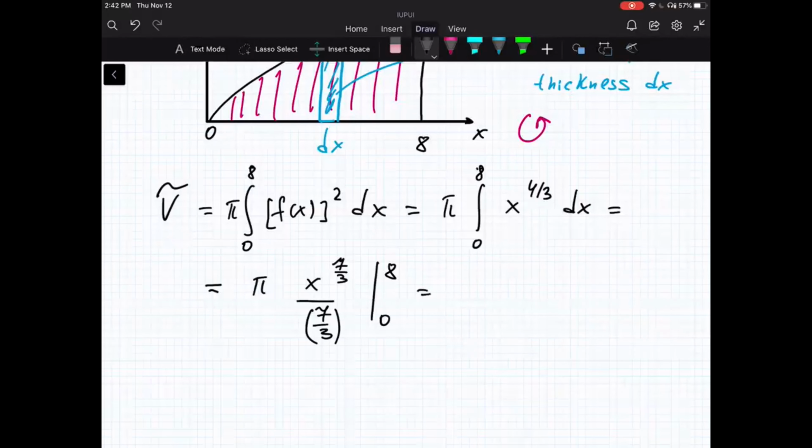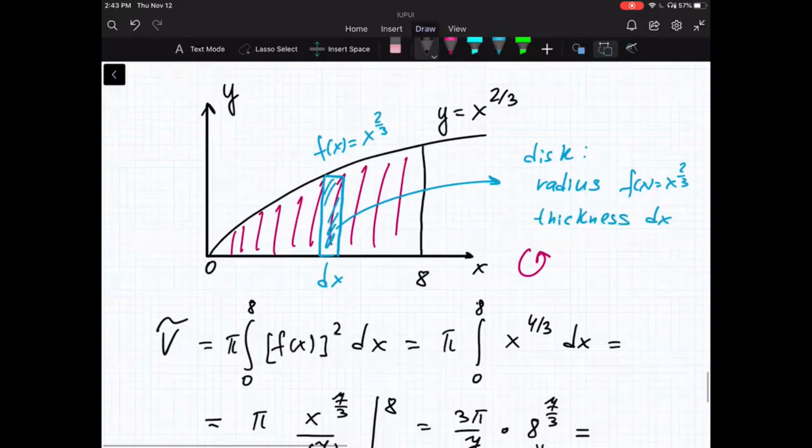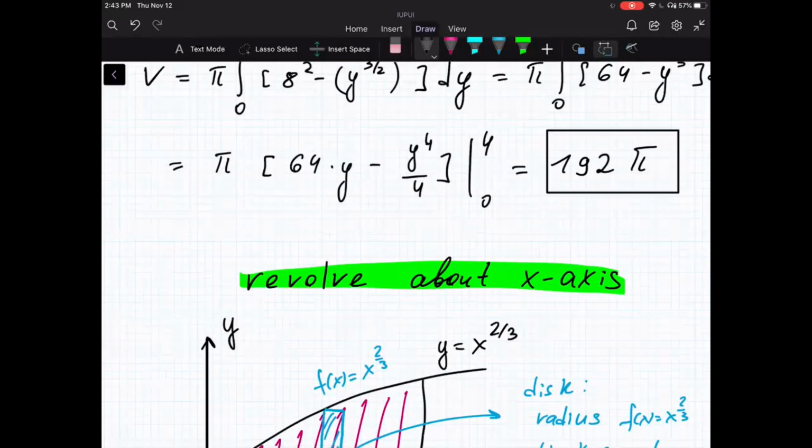Or it is 3π over 7 times, so at 0 it gives me 0, 8 to the power 7/3. And 8 to the power 7/3 is again the cubic root of 8 to the power 7. So I obtain that it is 3π over 7 times 2 to the power 7, which is of course not the same as the answer that we got before.